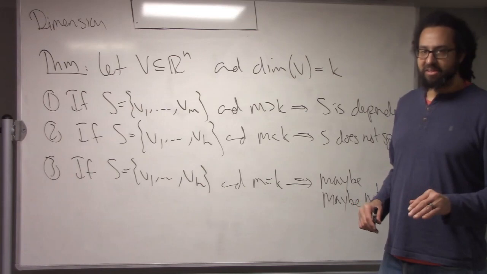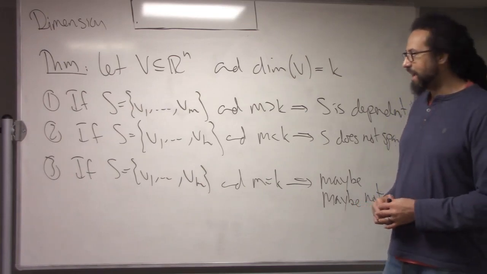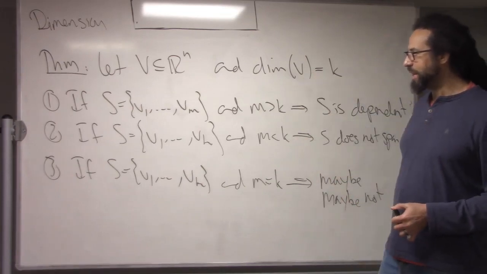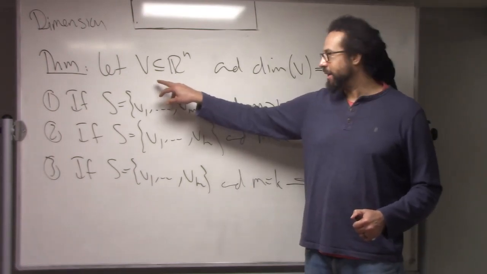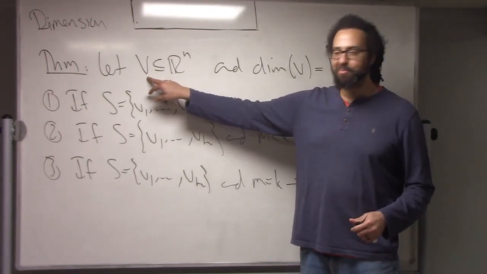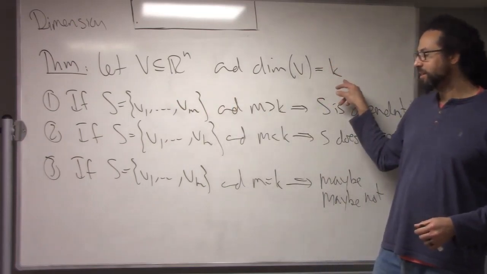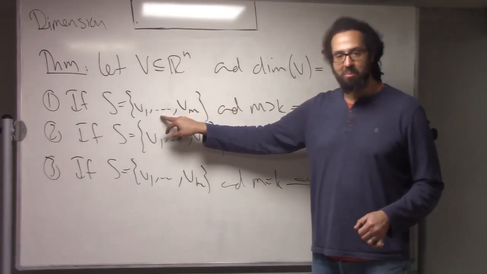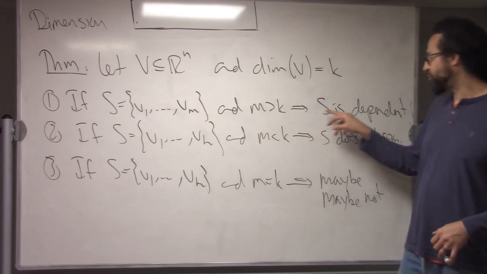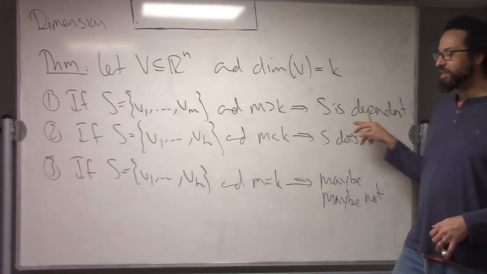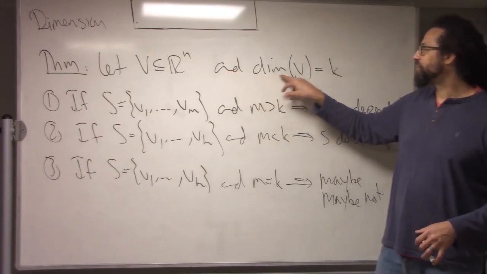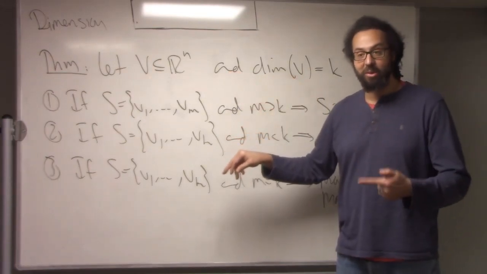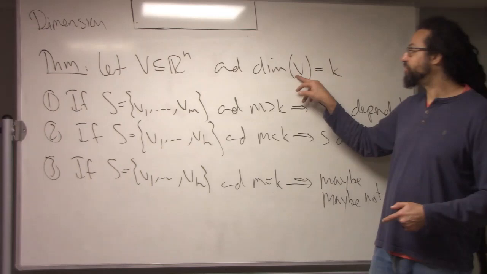Let's recast a previous theorem from the last lecture now in terms of the dimension. So remember, V is a subspace of Rn. And if V has a basis with k elements in it, then any set with more than k elements is going to be linearly dependent. So now that we've got this notion of dimension, to have a basis with k elements in it means the dimension is equal to k.